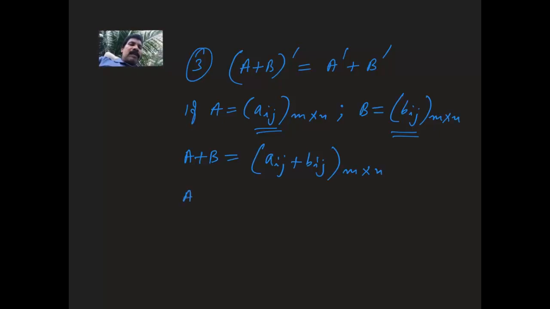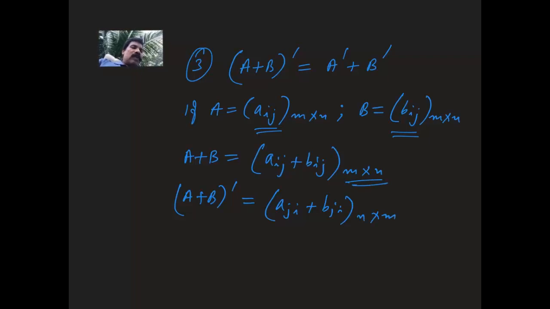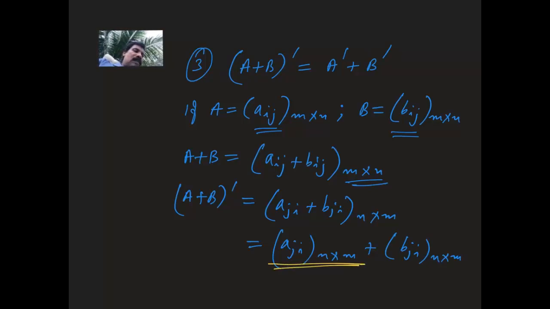Then you have to find (A plus B) whole dash. Then what will happen? You know that the cell address will be changing. That is Aji and then Bji, and order will be N by M. So you can see that is equal to Aji of order N by M plus Bji of order N by M. And then what is Aji, N by M, in comparison with Aij, M by N?